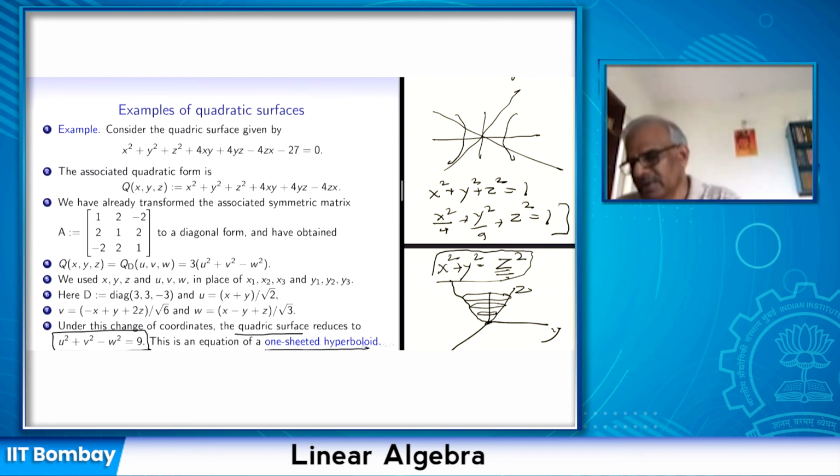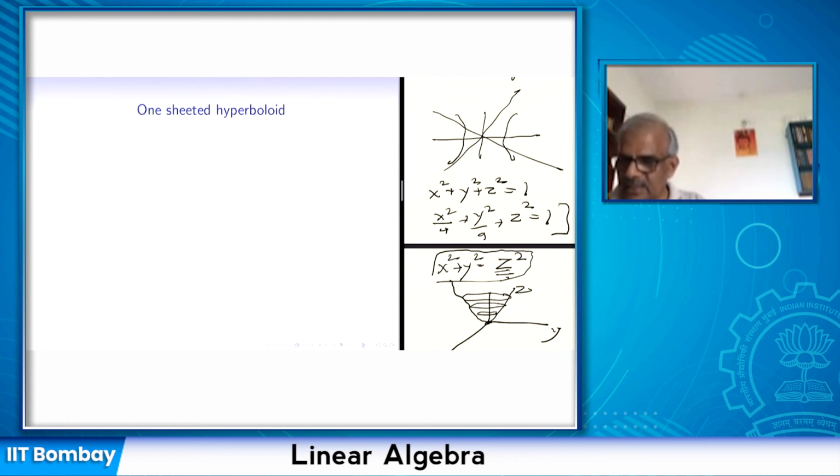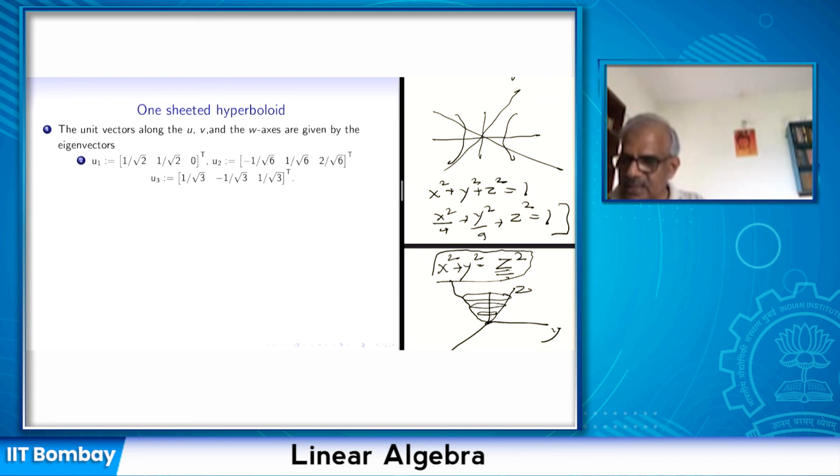You can draw this shape. You have seen this. This is a one-sheeted hyperboloid, and the unit vectors along the u, v, and w axes will be the eigenvectors u1, u2, u3. These are the directions of the axes with respect to the old coordinates.